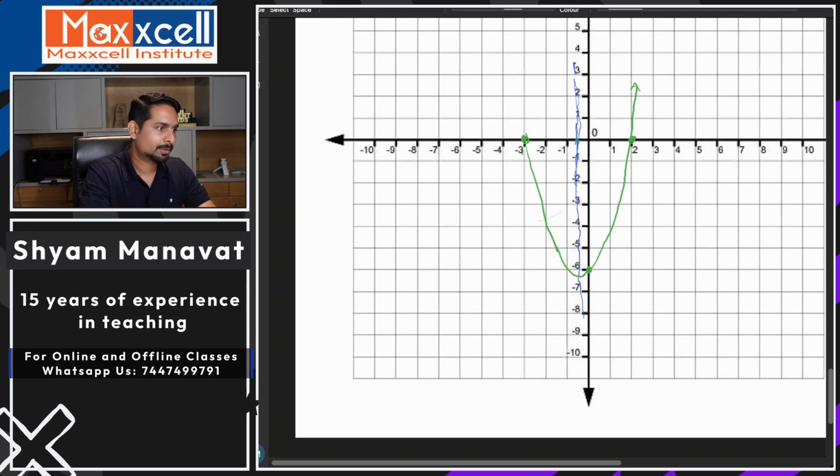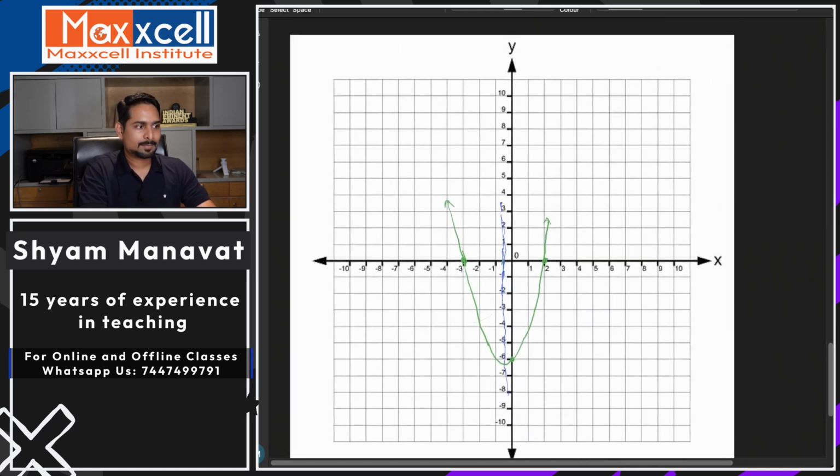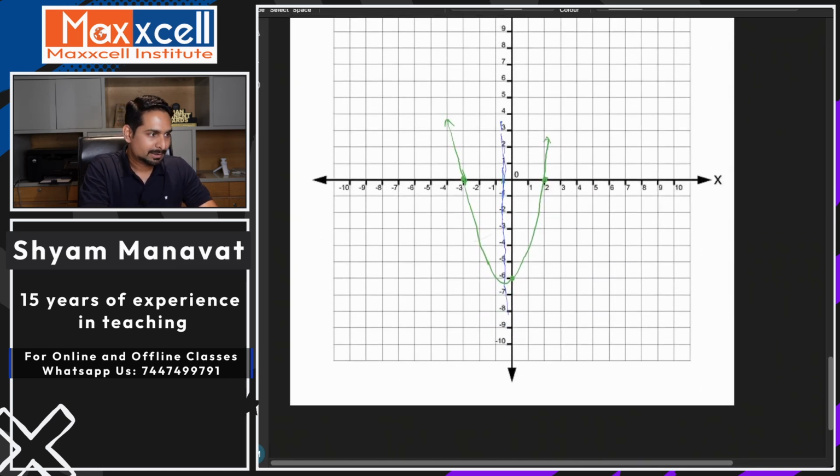Are you following me? And on top it will keep on going upwards. I'm not that good at drawing, please excuse me for this. So this graph looks like this for the given equation.